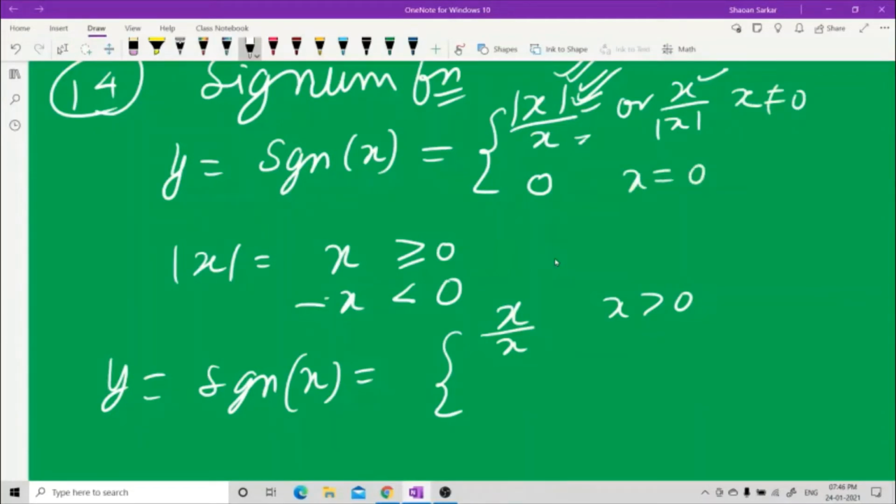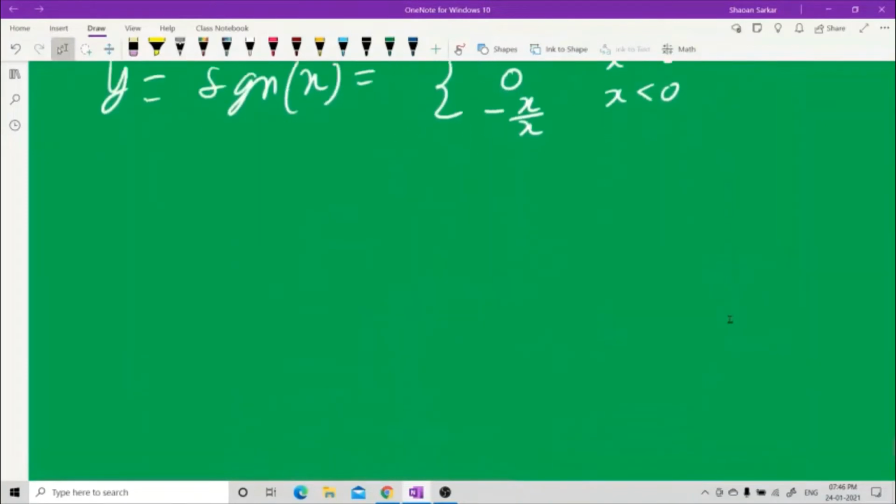Now, for x equal to 0, this will be 0, and minus x by x for x less than 0. So this whole thing will give me this, and this is fixed, always.